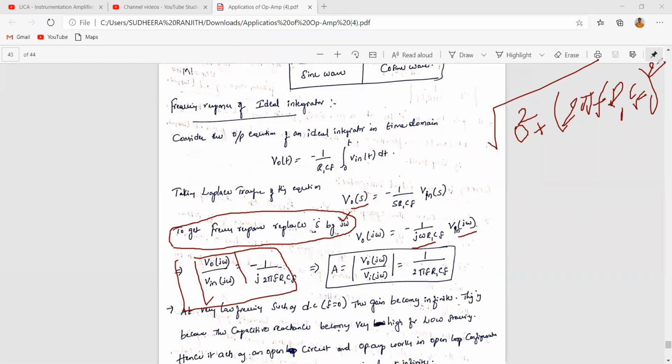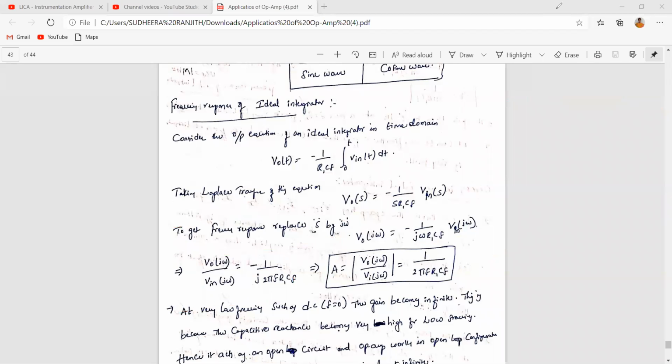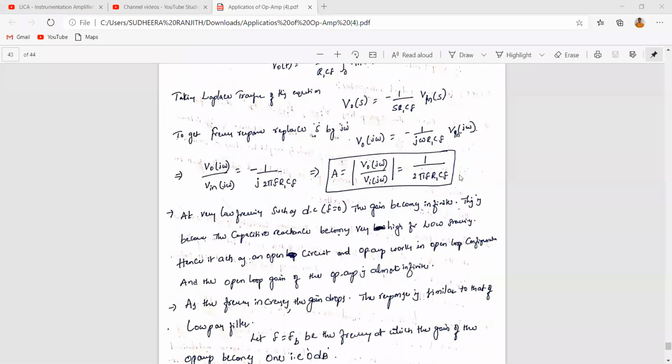So the 0 square goes, the square and root cancel, and finally we get 1 by 2 pi f R1 CF, which is the gain. Is it clear up to this point? A equal to 1 by 2 pi f R1 CF. Is it clear?